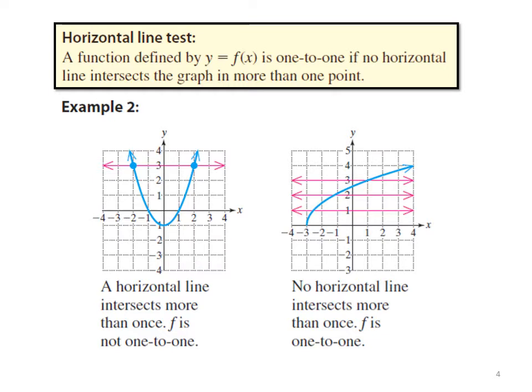You can tell if a function is 1-to-1 or not from the graph using the horizontal line test. For example, if a function is not 1-to-1, then you can find a horizontal line that crosses the graph of the function in two different points.